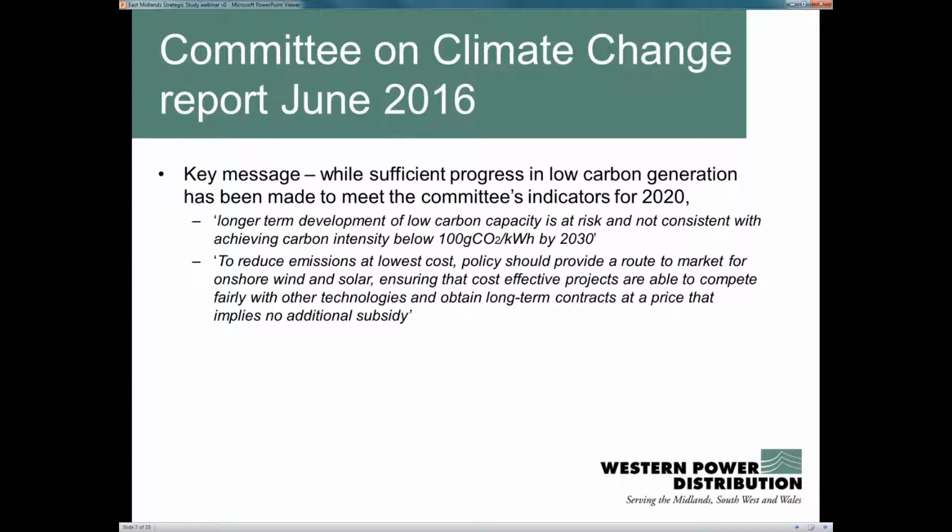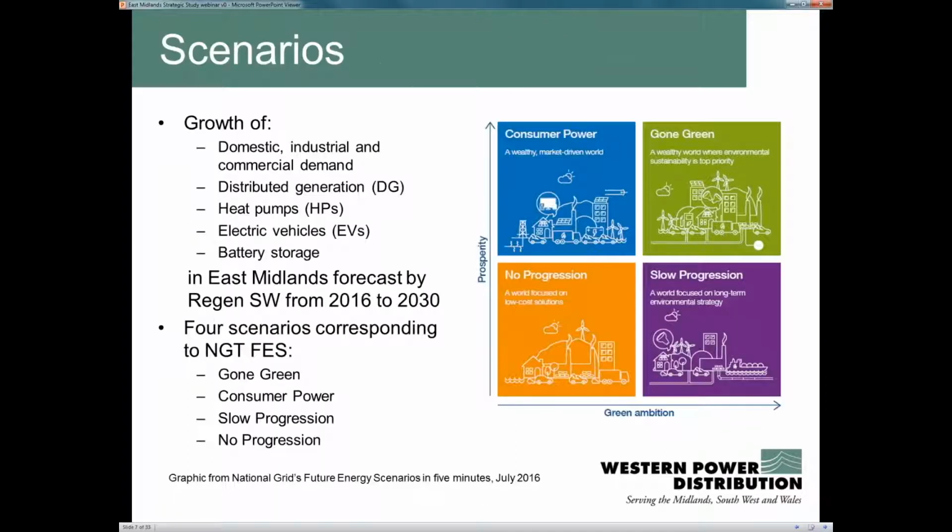Had we written these slides yesterday, we probably would have included the 2040 announcement for diesel and petrol vehicles to be banned after that time period, which of course is going to have a significant impact on the uptake of low carbon technologies in the area. So it's clear there is still significant impetus to achieve these, and this isn't a journey that we've cracked and finished. We will be continuing to connect more low carbon technologies onto our network.